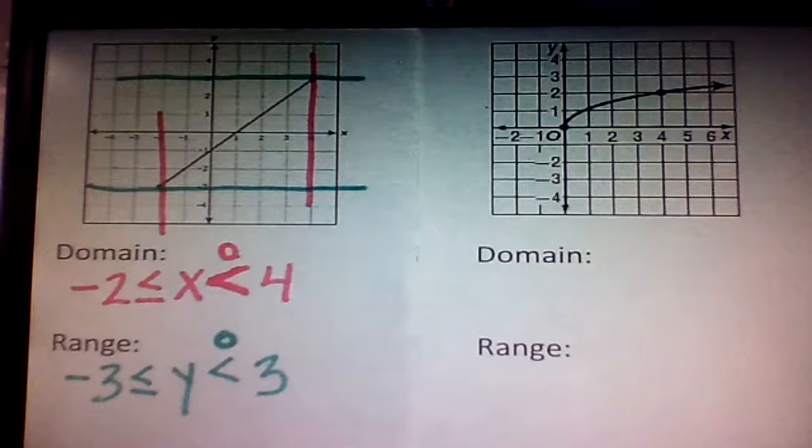Take a look at the next one. Now you've got a dot on one side and an arrow on the other. So what's the arrow mean? It's going to continue going. So my graph will not go any farther left than this point.